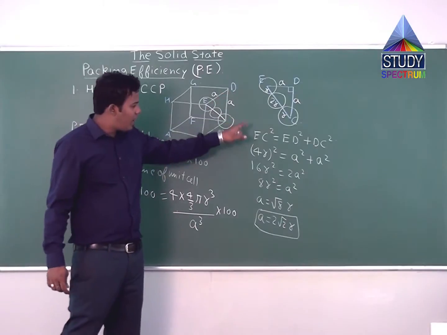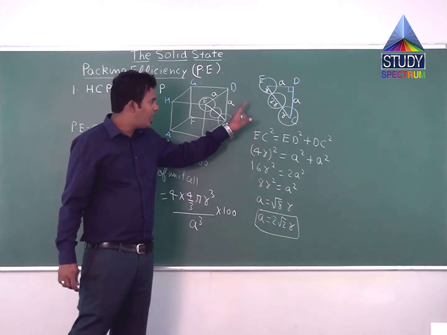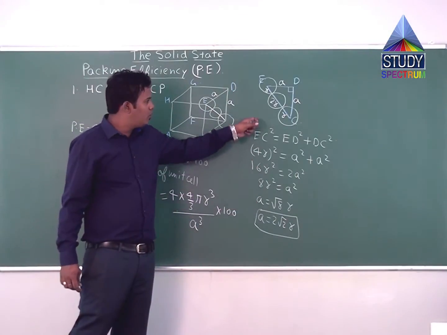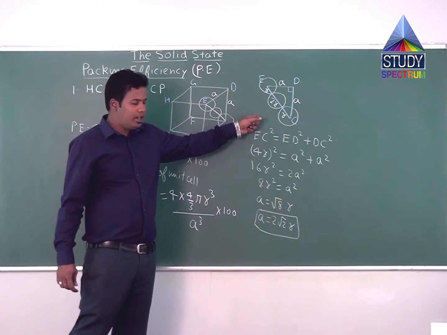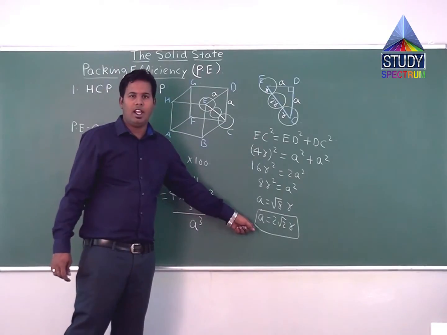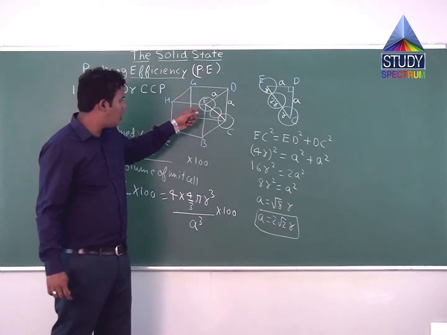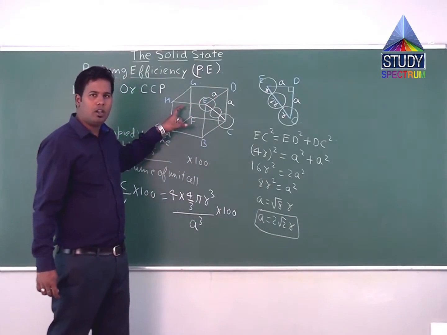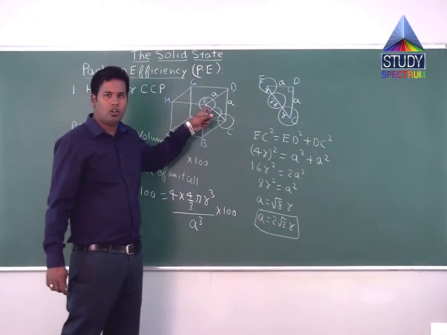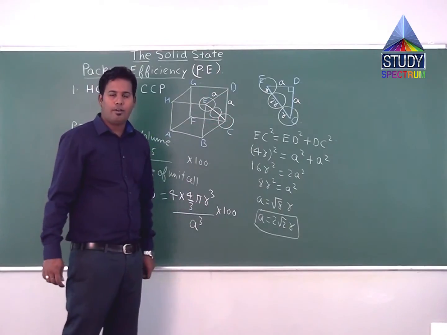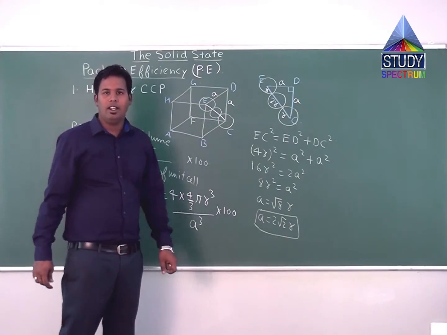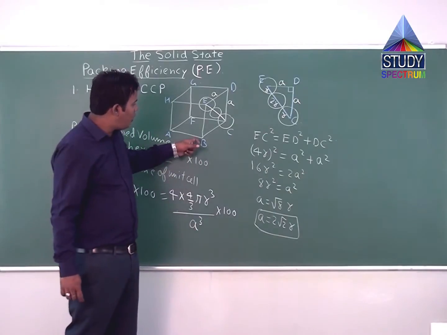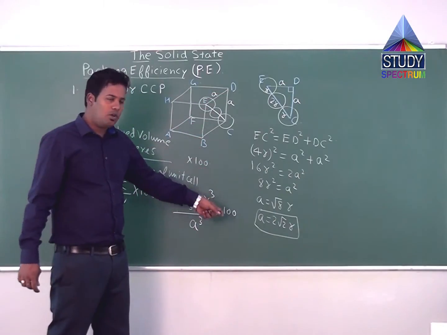And this is why we have done this work on the right hand side, that is we have used the Pythagoras theorem, correct, to find the relation between A and R by choosing one of the face of this particular cube and applying Pythagoras theorem to one of the triangle formed if I join the diagonal EC. Doesn't matter if you have used diagonal BD also, then also you will get the same relation.